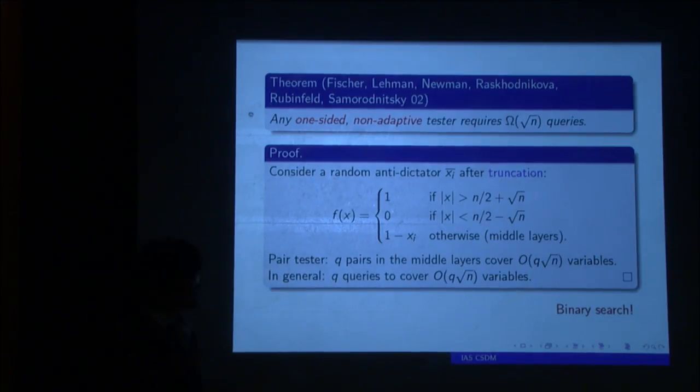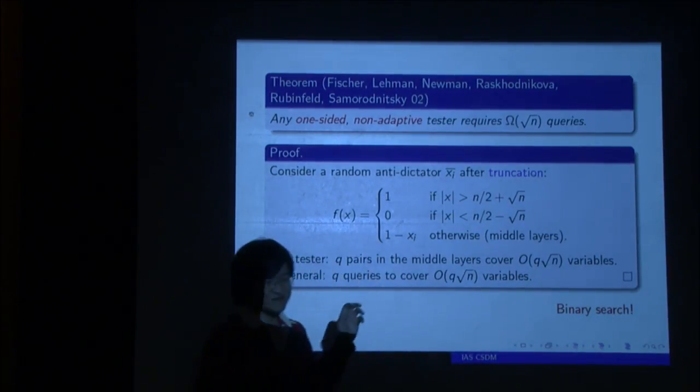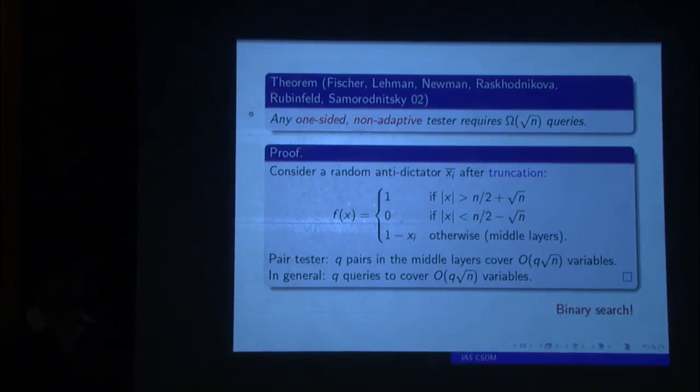And there is a very simple adaptive algorithm to beat such a distribution. You just do binary search, right? You randomly pick 2 points. Most likely you will get a 0 string and a 1 string, and you do binary search. That would give you this special variable xi, and that's it. You can spend log n queries to find out this i, if you know that the function is an anti-dictator, but you don't know which one.